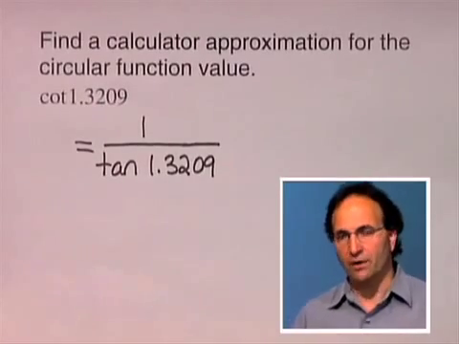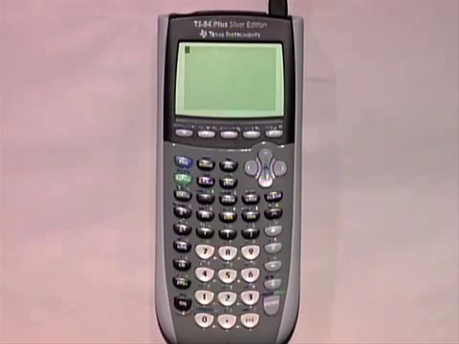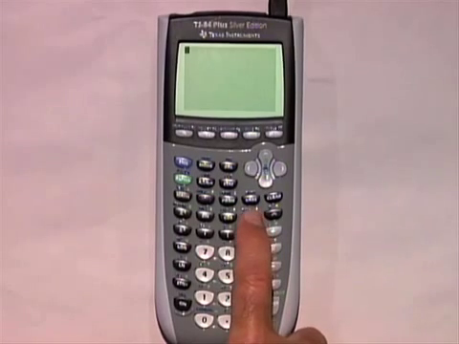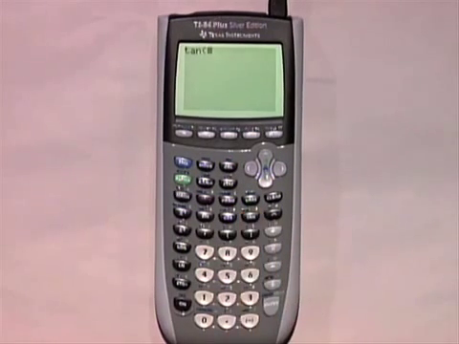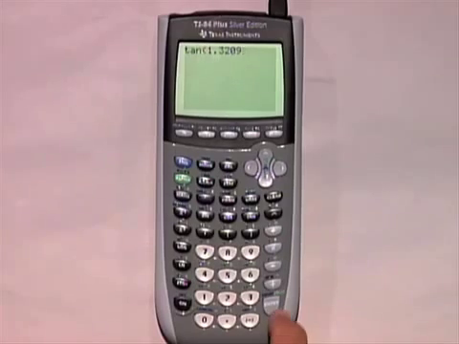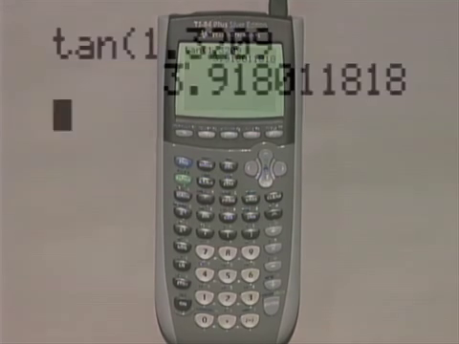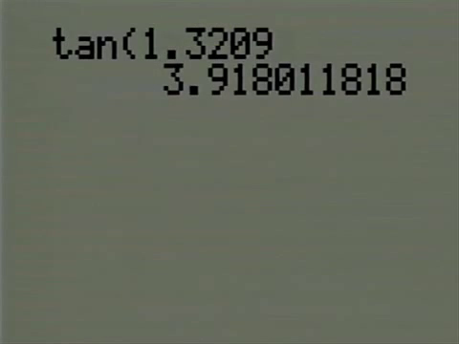So here's what we're going to do. We'll bring the calculator in. We'll clear what's there. And now first, we're going to press the tangent key. We'll enter in 1.3209. We'll press enter, which will give us a result of 3.9180, etc., as you can see there.